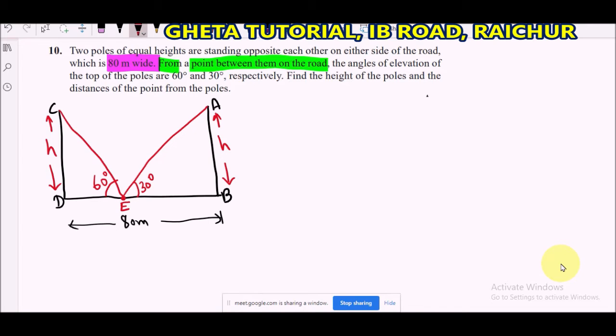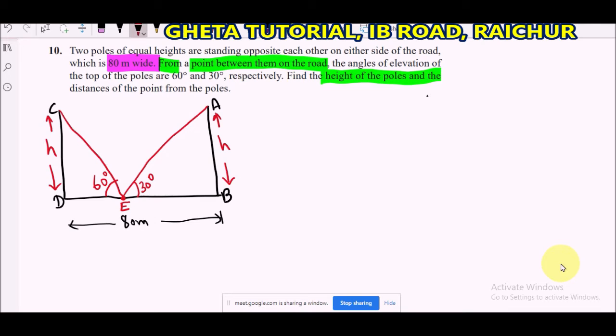So here the figure is completed, and we have to find out the height of the poles and the distance of the point from the poles.